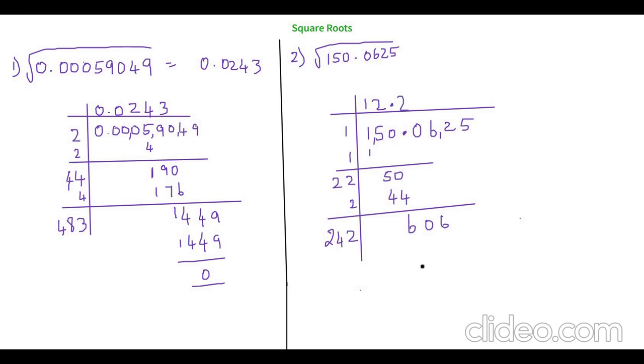So 242 times 2 is 484. Now let's subtract this. 606 minus 484 is 122.